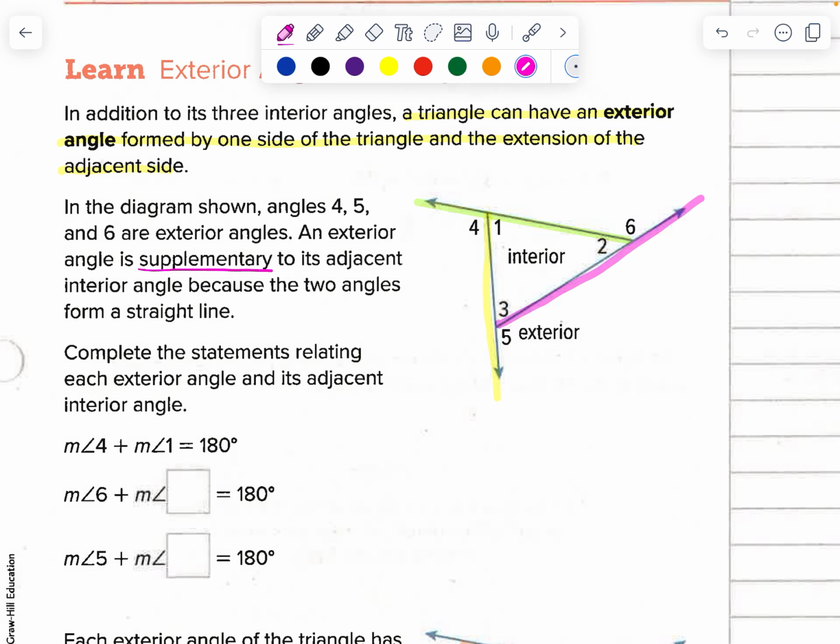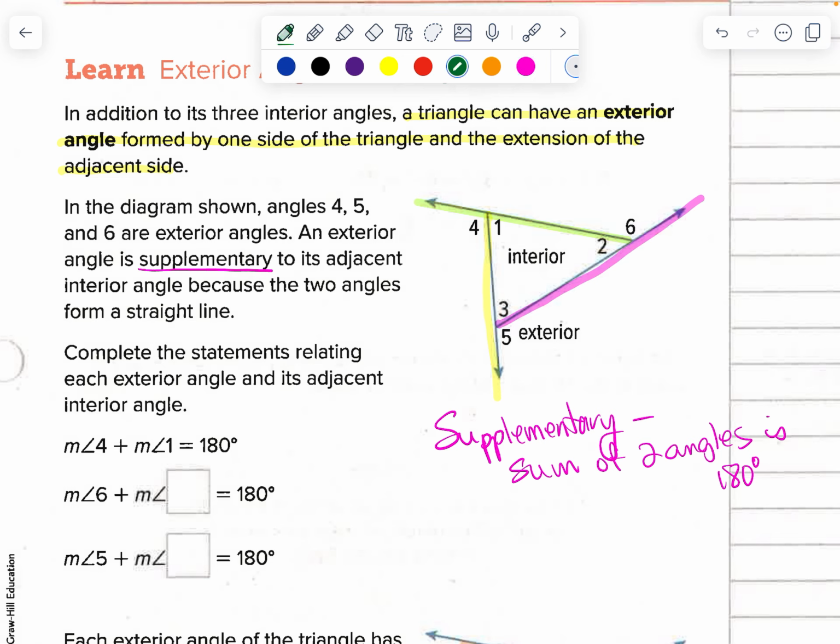They're supplementary. So supplementary, if you remember, means that the sum of two angles is 180 degrees. So that means these, I'm going to do these two colors.